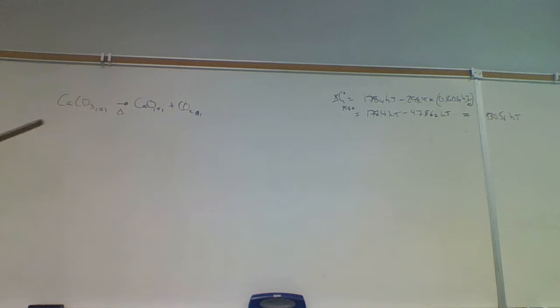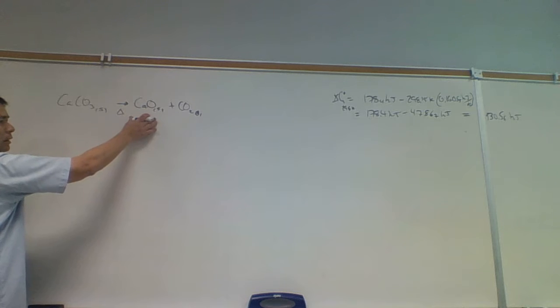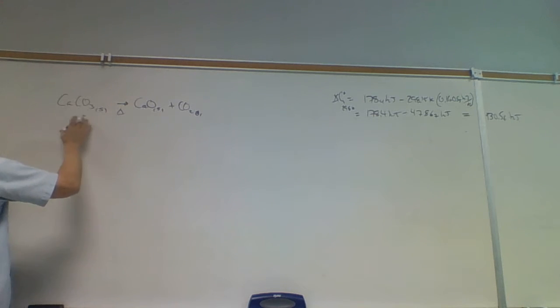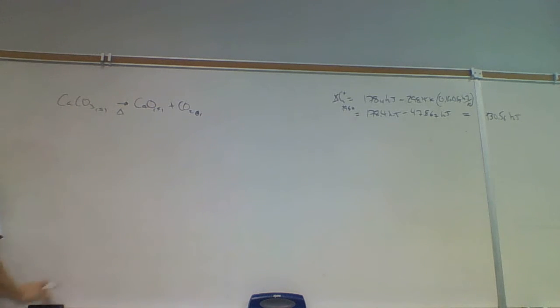Lime is a key ingredient in concrete, and so they were able to make a whole bunch of concrete structures in Rome. Normally this is non-spontaneous. If you have limestone, it doesn't decompose. So at what temperature will it decompose? How hot did they have to heat it up to? They had to heat it up to a very high temperature, and they were able to do this with the coals.